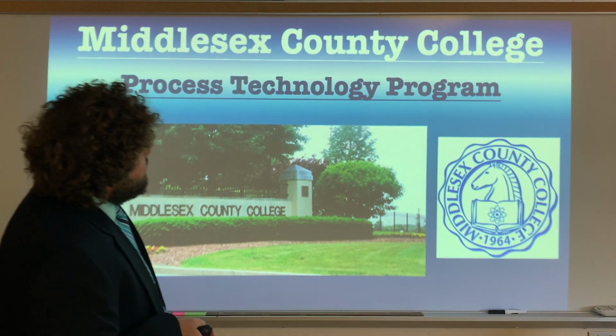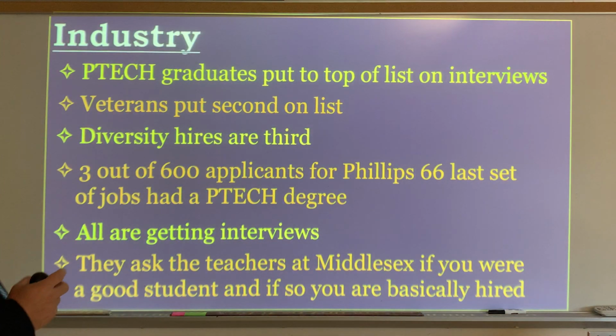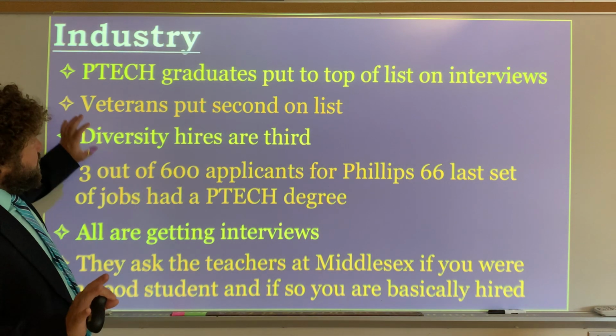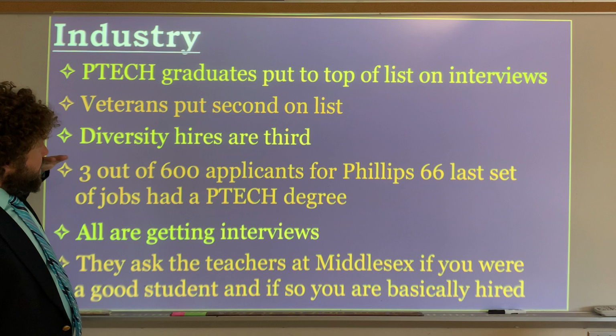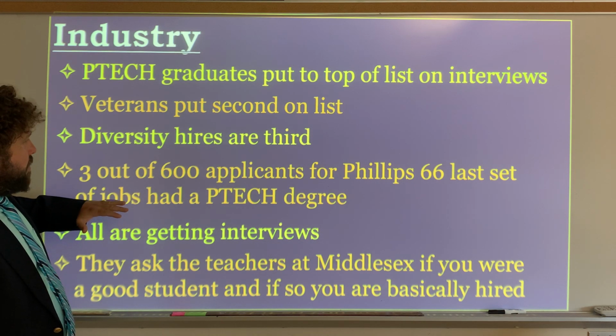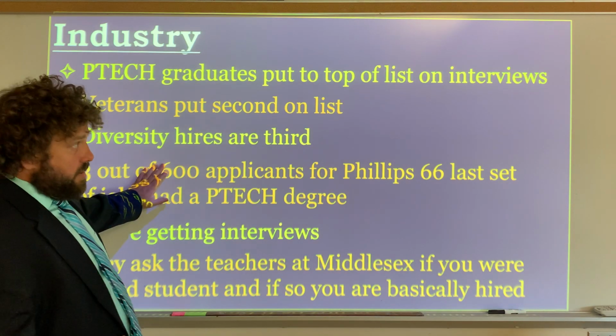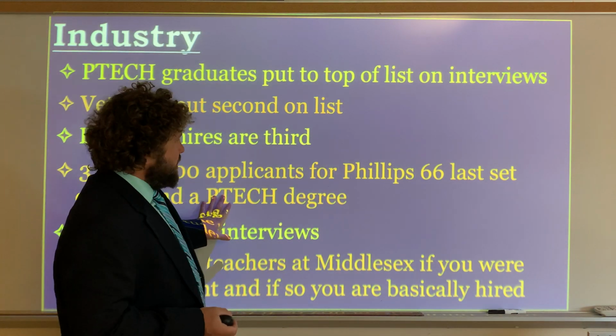So let me just explain this county college program to you. All right, and here's how it works. In industry, in process technology, pretty much if you graduate from this program, you're put to the top of the list. Veterans are put second on the list. Diversity hires are third. And then 3 out of every 600 applicants for Phillips 66 that applied last time, I'm on some committee in Middlesex, so this is where I got all this information, had a PTech degree.